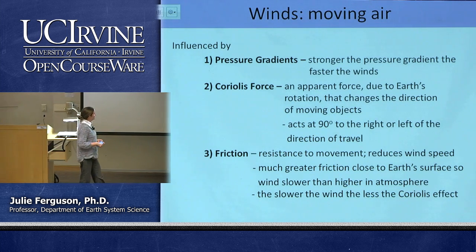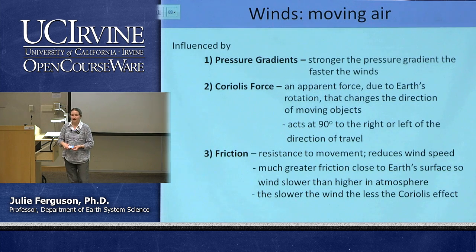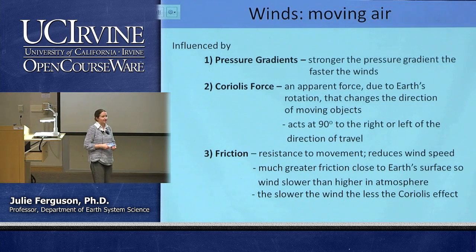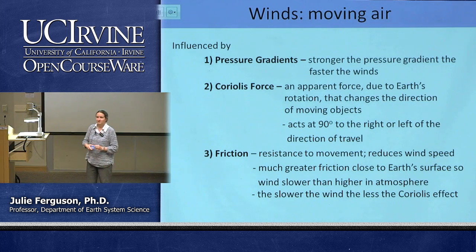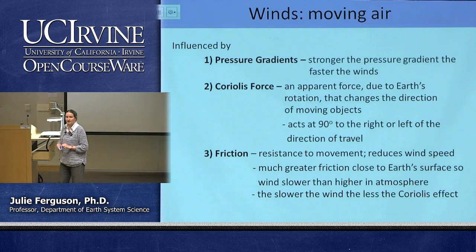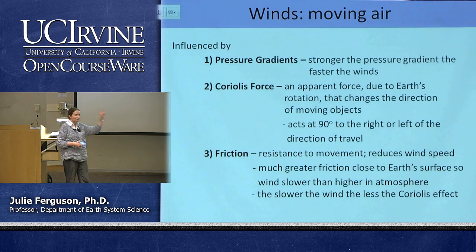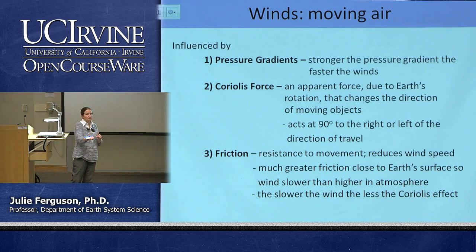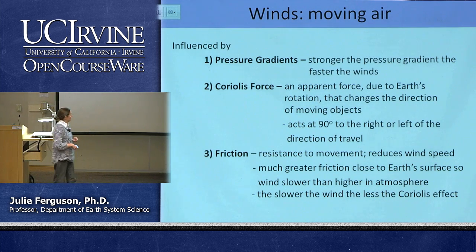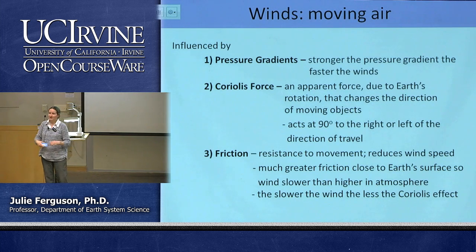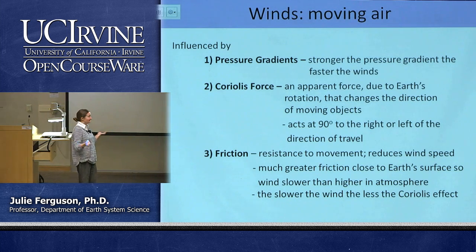And so the main thing to remember is that it goes at 90 degrees to the right in the northern hemisphere and 90 degrees to the left in the southern hemisphere. And remember, it's always along the direction of travel. So you have to look along the arrow in order to work out whether it's left or right, okay? And the way I remember it is I'm from the northern hemisphere and I'm always right, okay?